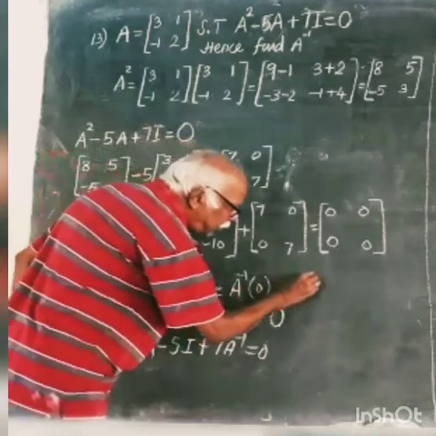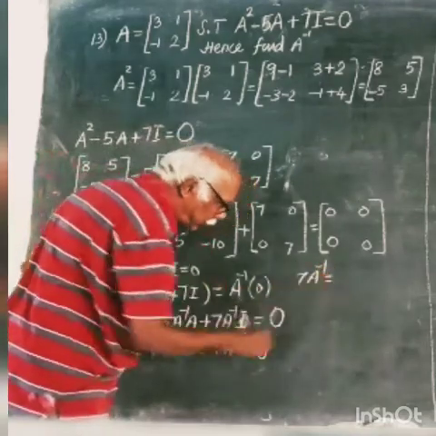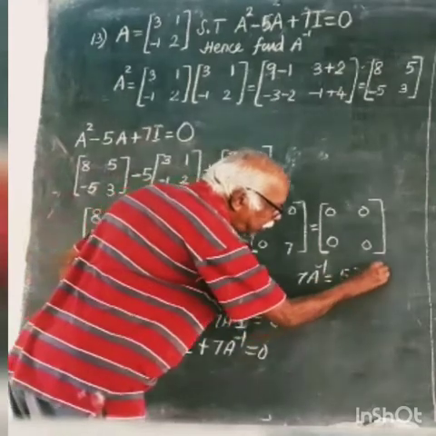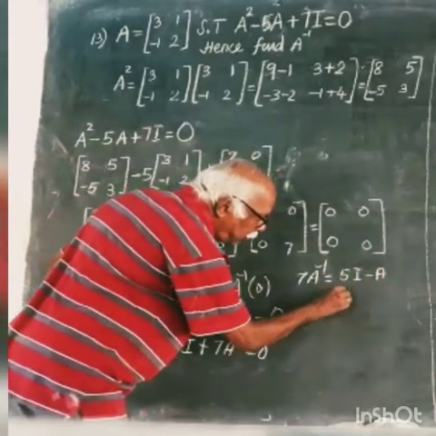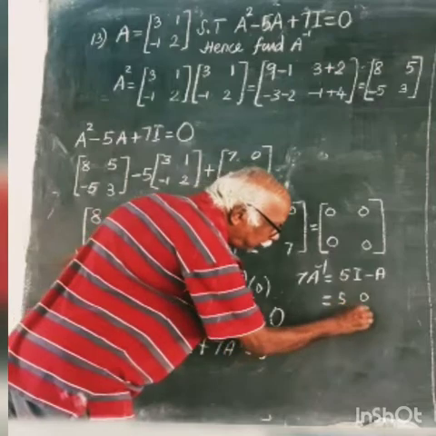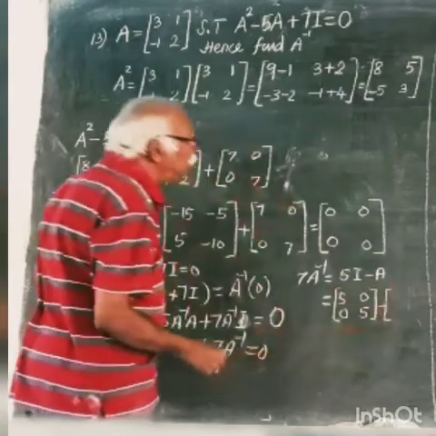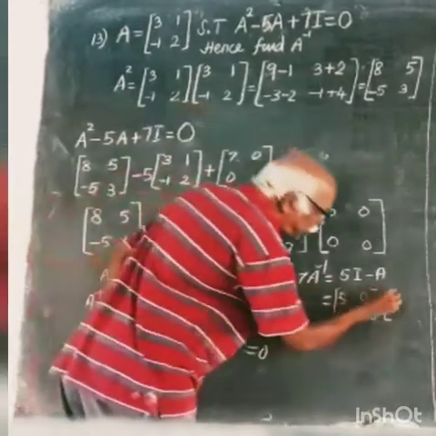Therefore, 7A inverse is equal to 5I minus A, which is [5, 0; 0, 5] minus A. A is [3, 1; -1, 2].